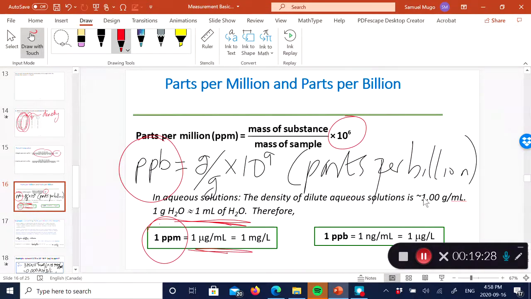The definition of ppm in mass to volume is milligrams per liter, or micrograms per mL. On the other hand, parts per billion in mass by volume is nanograms per mL, or micrograms per liter. So take note of those definitions of parts per million and parts per billion, which are very, very common in analytical chemistry.